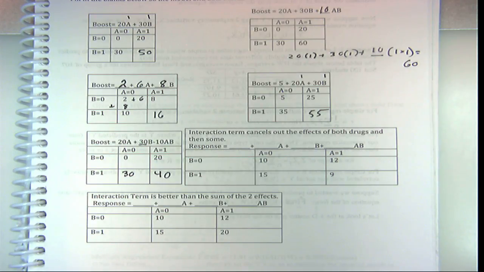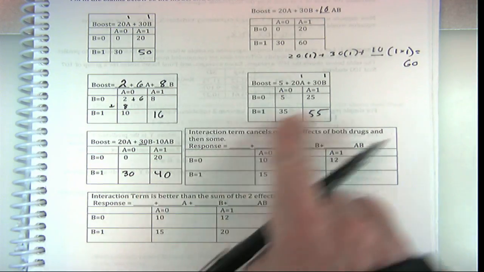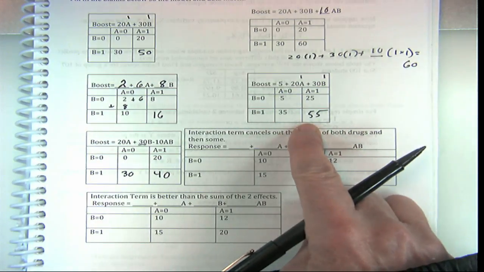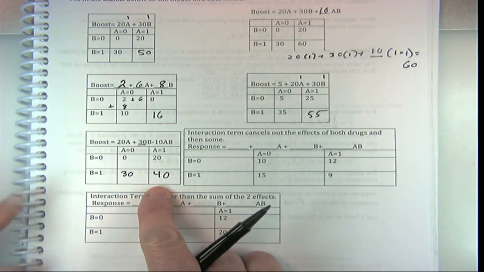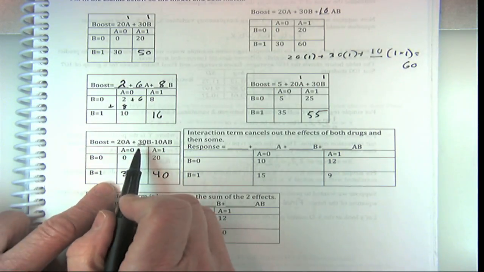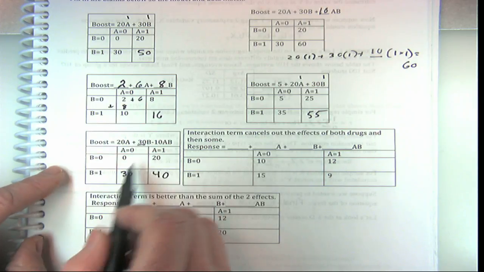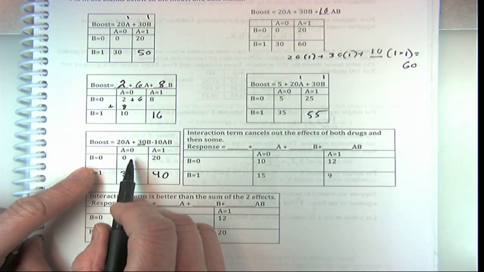Okay, so I did these two for you. I just put ones in here and you get 55 for that one. And for this one, you could see that the coefficient, as you go in front of B, you add 30 here.